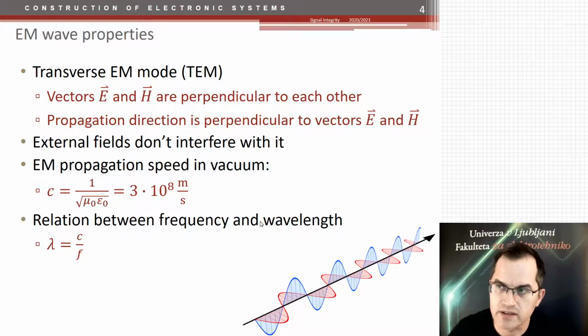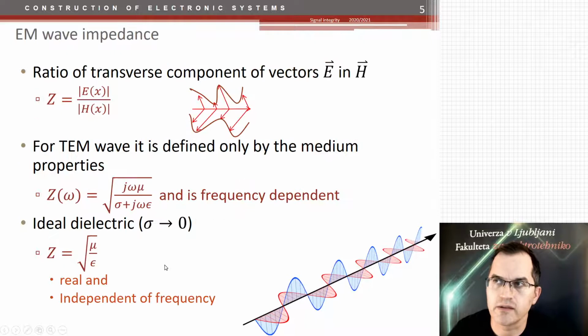We all know that this electromagnetic field propagates in vacuum with the speed of light, which is 3 × 10⁸ meters per second. And you should also know well how the wavelength and frequency are related. What else? The next important thing you should know about the electromagnetic field is the so-called wave impedance, which is the ratio between the amplitudes of the electric and magnetic field components. And for a TEM wave, we can define it as a medium property value.